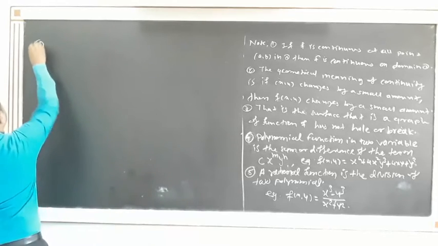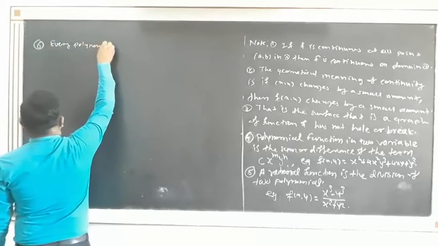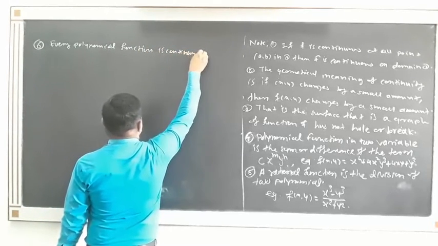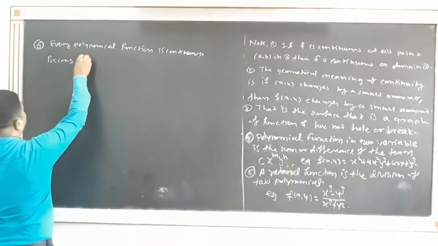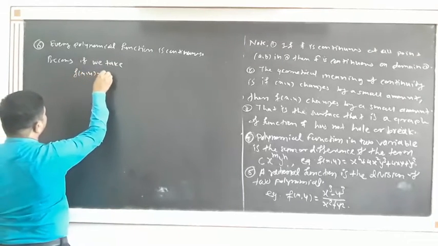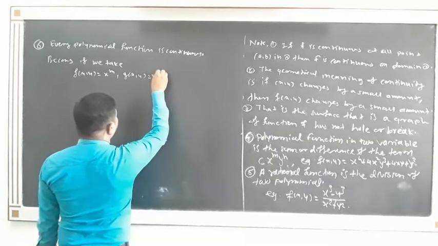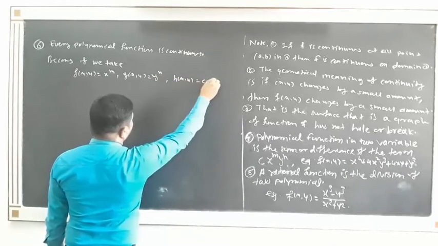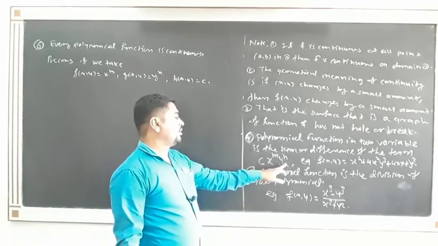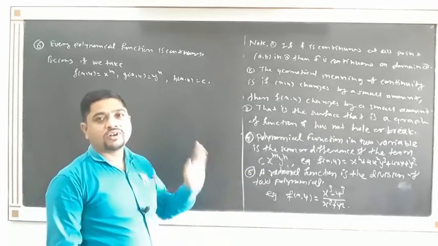Note number 6: every polynomial function is continuous, because if we take f of xy equal to x raised to m, g of xy equal to y raised to n, and h of xy equal to c, then by using algebra, this product is continuous, therefore their sum and difference are continuous.